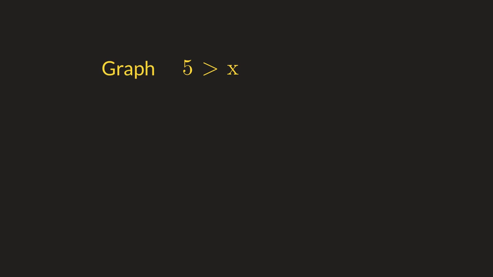And that is correct, okay? But what is this inequality saying? We want to read it back this direction from the right to the left and say x is less than 5. Guys, this inequality is describing values that are less than 5.